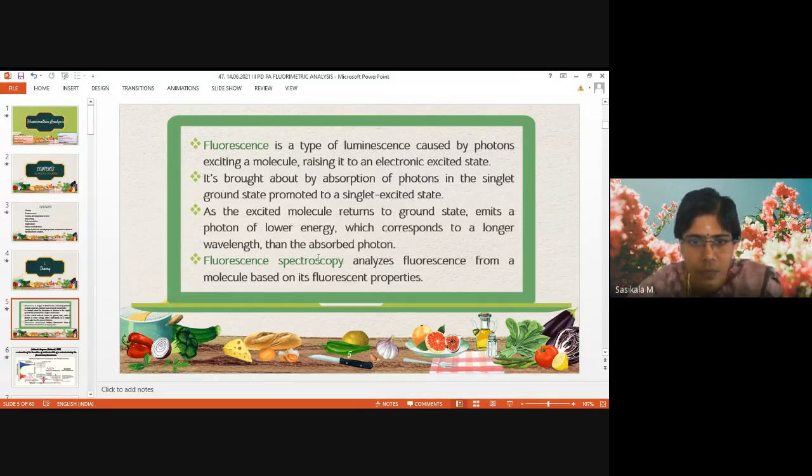That longer wavelength is nothing but visible radiation. That visible radiation is called fluorescence. So emission of light by the molecule due to excitation by UV radiations, photons, will be lower energy electromagnetic radiation. They are called visible radiation.